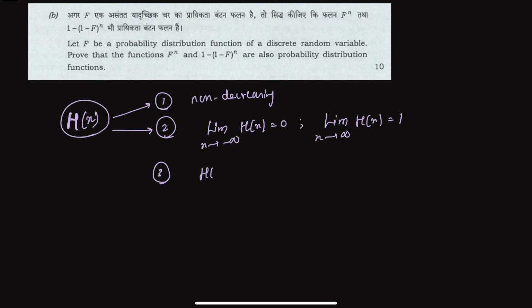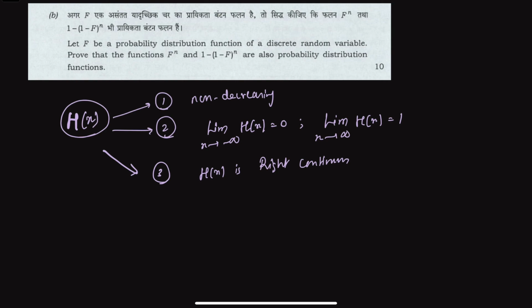And thirdly, h of x must be right continuous. These are the conditions or properties of a distribution function. So h will be a distribution function if and only if it satisfies these three conditions.